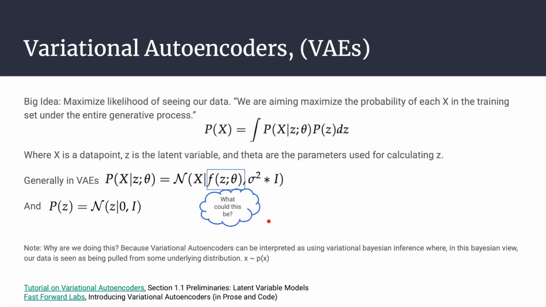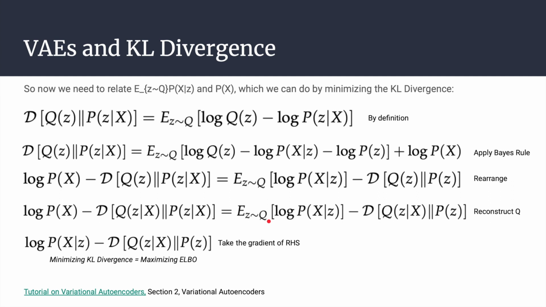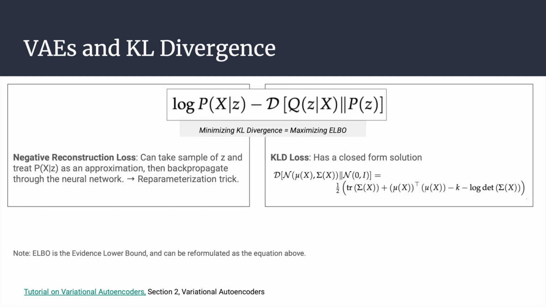But if we do that, then you run into an issue where you can't backprop through a sample because it's stochastic. It's a stochastic unit in this neural network, and you can't really do that. So you need some way of getting around this problem of a stochastic process happening in a neural network.